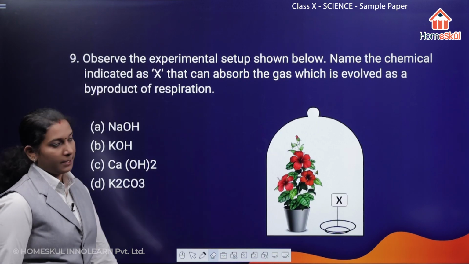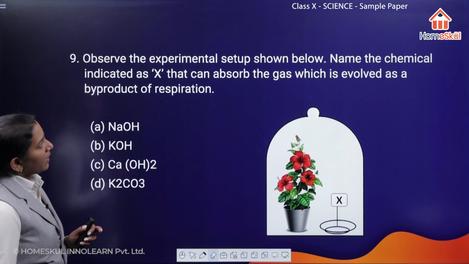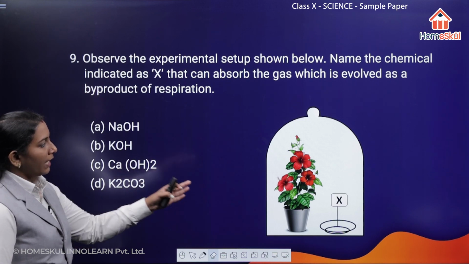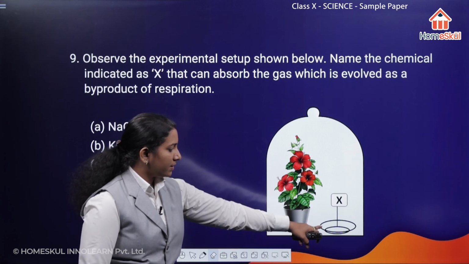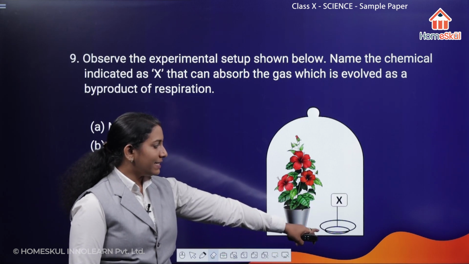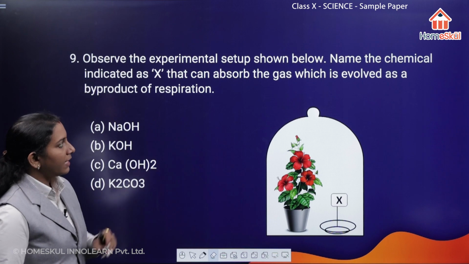And the next question. Observe the experimental setup shown below. Okay, here you can see an experimental setup, a potted plant, and X, which is an undefined material, present near that plant.